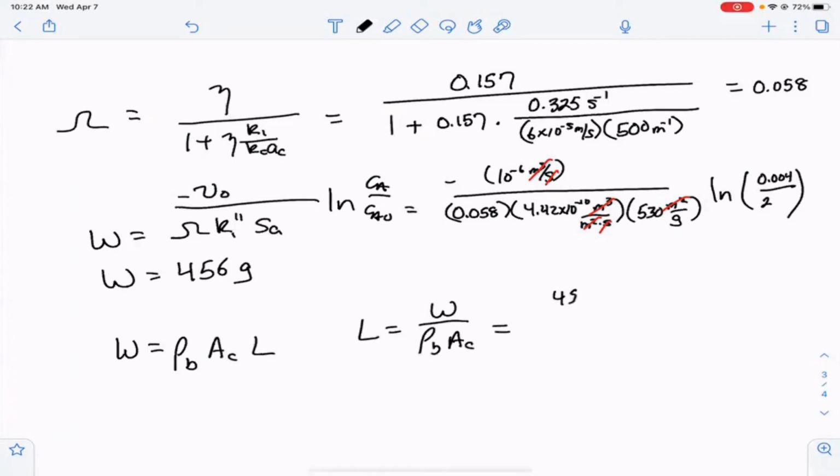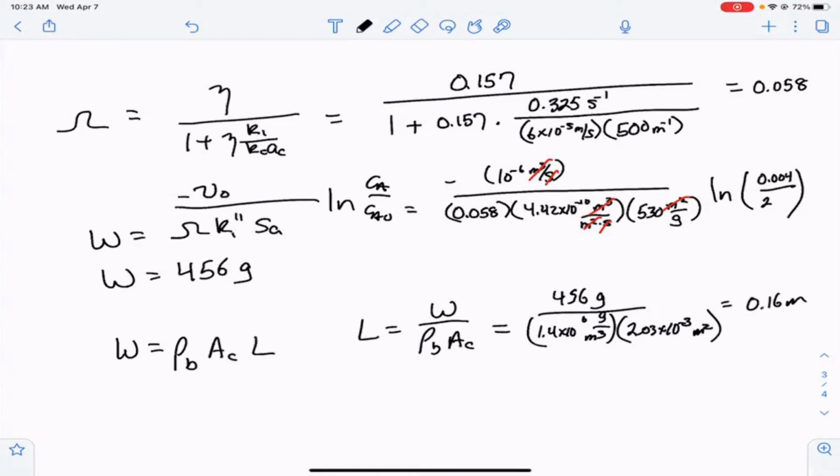So that would be 456 grams divided by 1.4 times 10 to the 6th grams per cubic meter times 2.03 times 10 to the minus 3 meters squared, using the diameter of the pipe that we have. And that gives us a length of 0.16 meters, which is the same value that the book had.